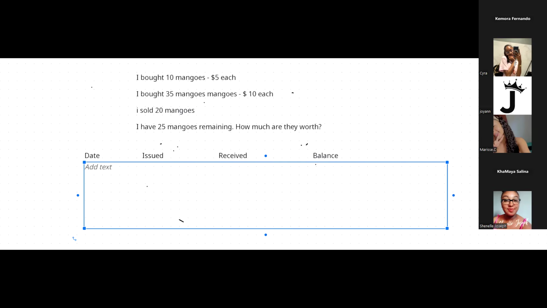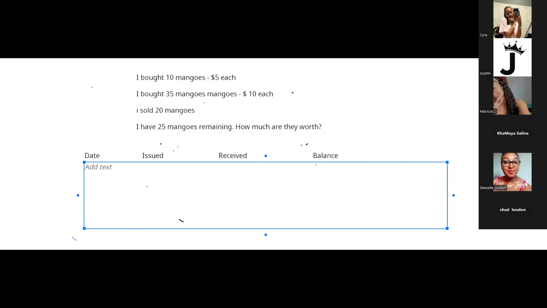How many do I remain with? 25 mangoes at how much each? $10 each. So that's how I know the value of my mangoes now. It will be 25 by 10, $250.